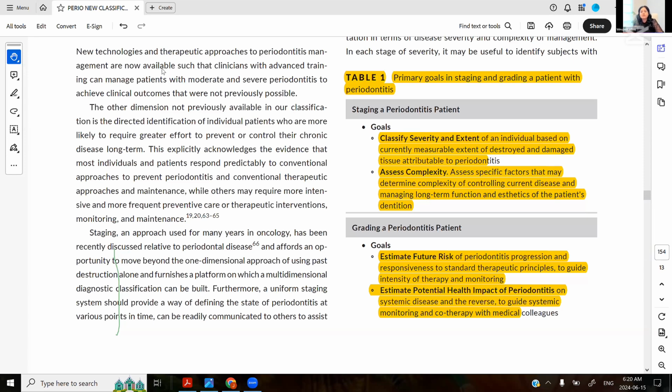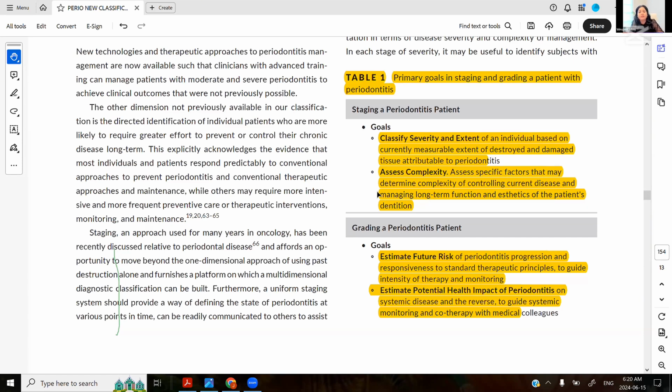So the moment somebody says stage 4, grade C, or stage 3, grade B, the dental situation should start visualizing in your head. That's the goal of this article, right? So classify the severity and extent and assess the complexity. That's our primary goal from the staging.